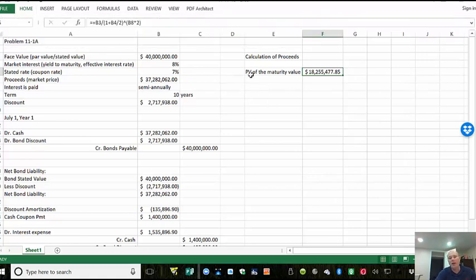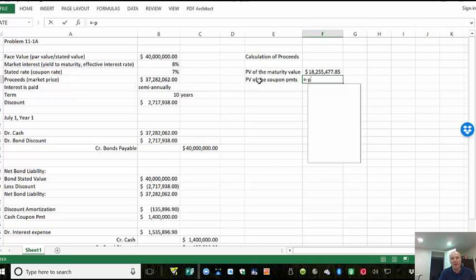18,255,478. Then you need to calculate present value of the interest, of the coupon payments. Coupon payments are this 1.4 million. That's an annuity. So we can use the present value function. So I'm going to say minus PV, because otherwise it gives me a negative number. The rate of interest, of course, is always market rate divided by 2.